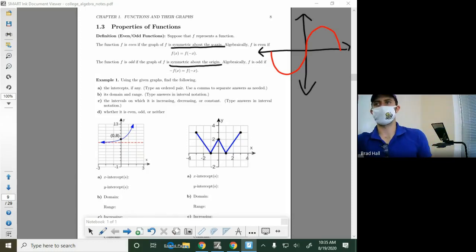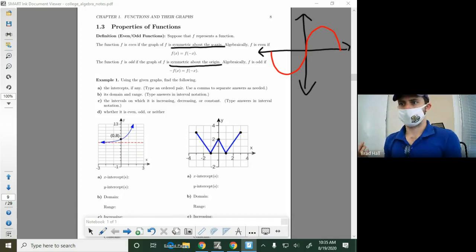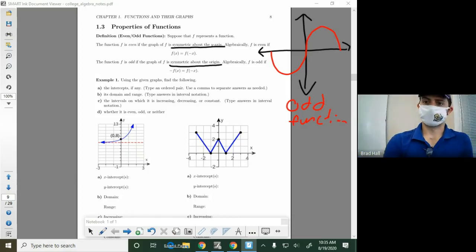Because when you rotate it 180 degrees, you get the same exact graph back. This would be an odd function. So let me write that down as well. So just an idea. That would be an odd function.